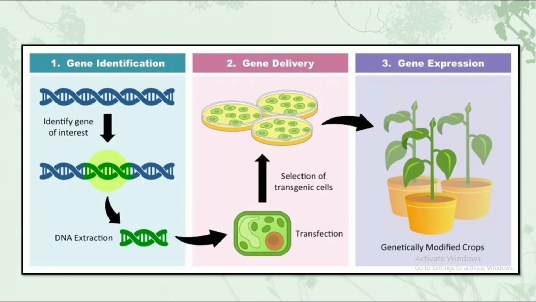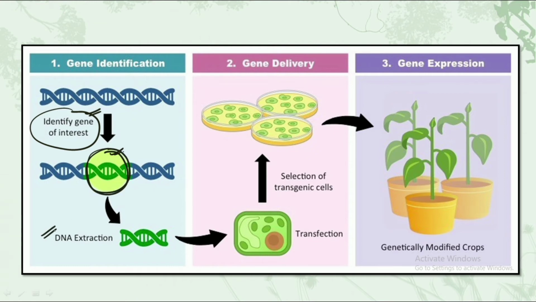Now, if we look closely, we have the first step of gene identification, in which we identify the gene of interest that we want to insert into the target host. So we have identified our gene of interest, and now we will extract this DNA.